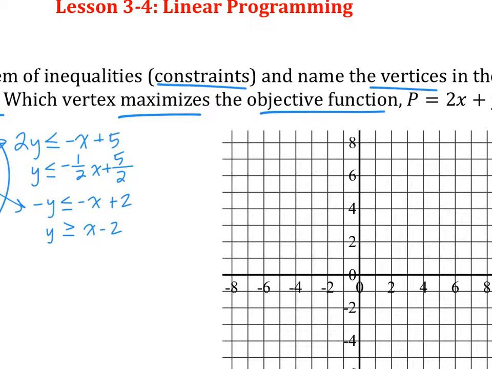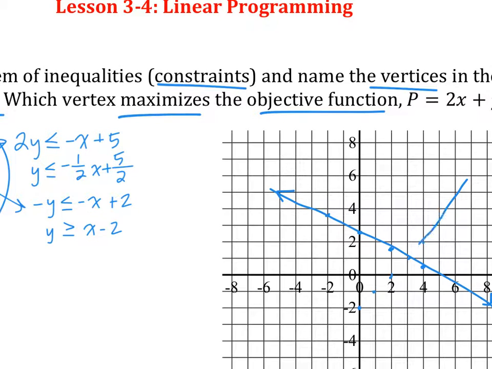So first one starts at 5 over 2, that's 2.5. Goes down 1 over 2, down 1 over 2. Like this. And it shades down. Okay, the second one is x minus 2. So start at negative 2, goes up 1 over 1.